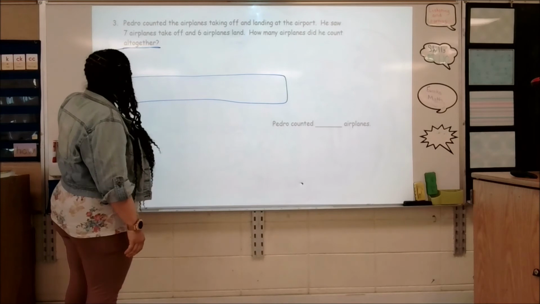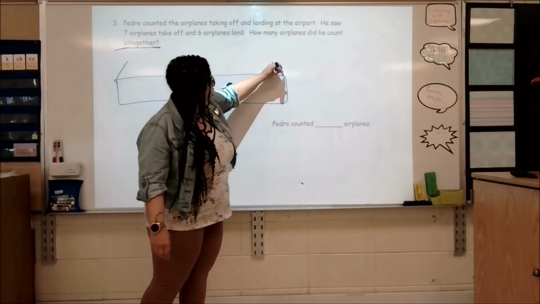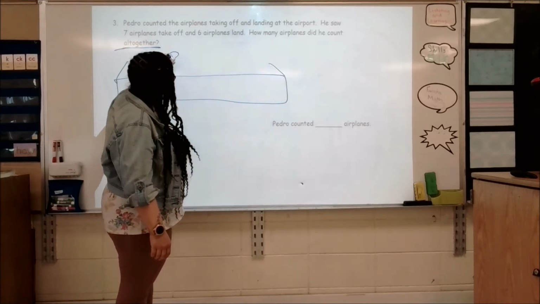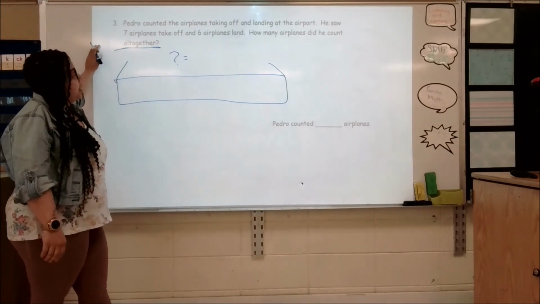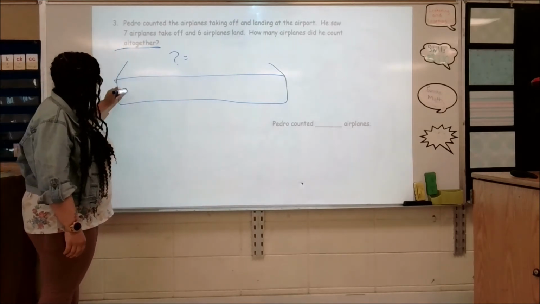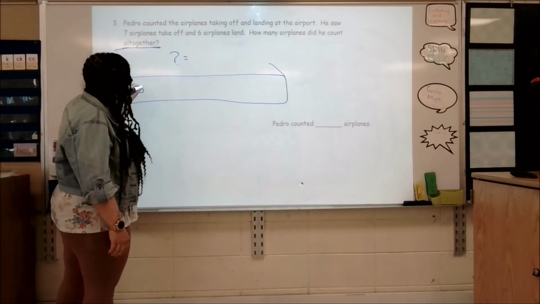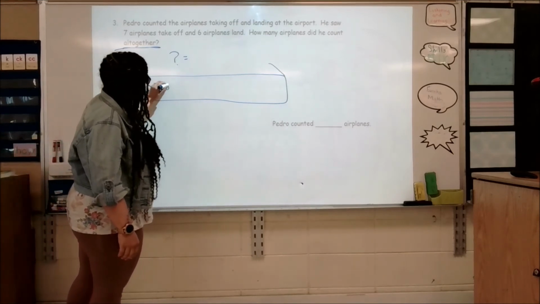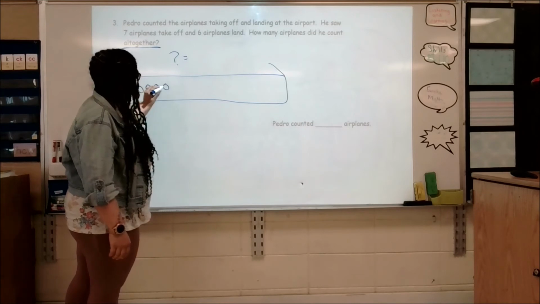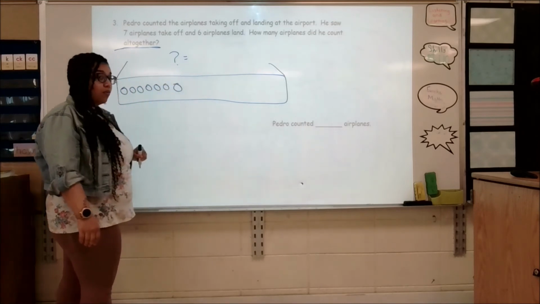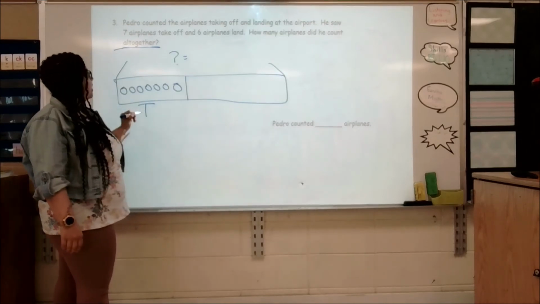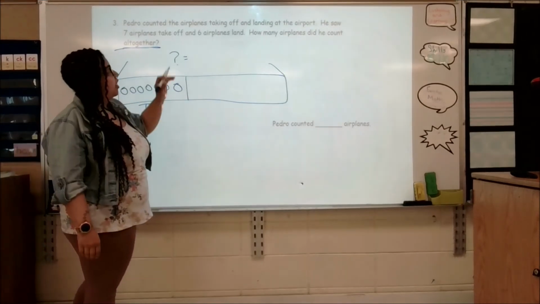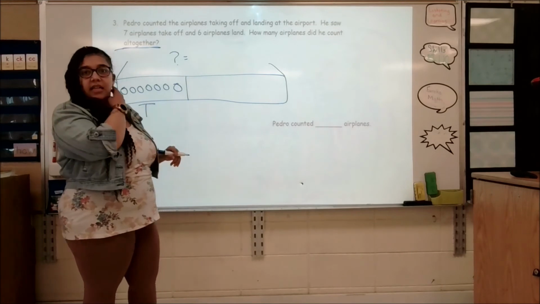But whatever the whole is, that's the thing we are trying to figure out. So let's draw how many airplanes he saw take off. So take off was 1, 2, 3, 4, 5, 6, 7. Take off was 7. So this is take off. That's how many planes he saw take off. Here we're going to now put the 6 planes that he saw land.